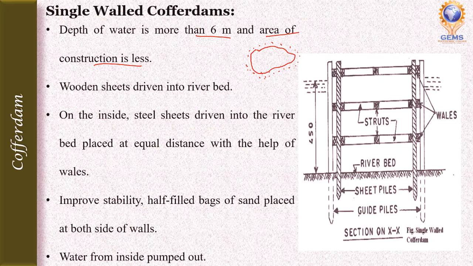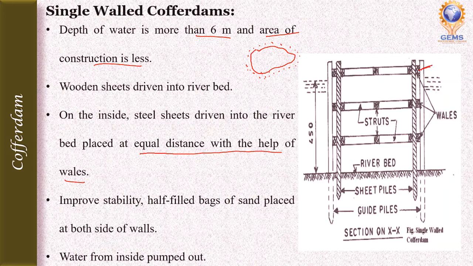On the inside of the wooden or timber sheets, steel or iron sheets are driven into the riverbed. These inside sheets are placed at equal distance with the help of wales, which are bolted to both sheets on either side.